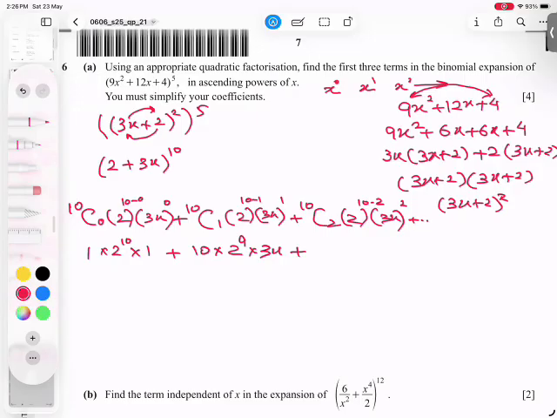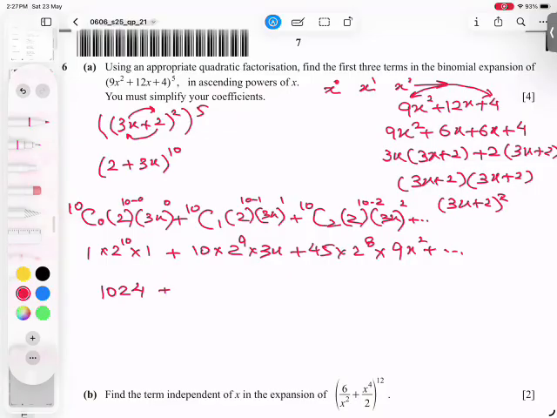10C2 is 45. Okay, 45 and 2 to power 8 into, sorry, not 3, 9x to power 2. All right, students, now you can check it. 2 to power 10 is 1024.